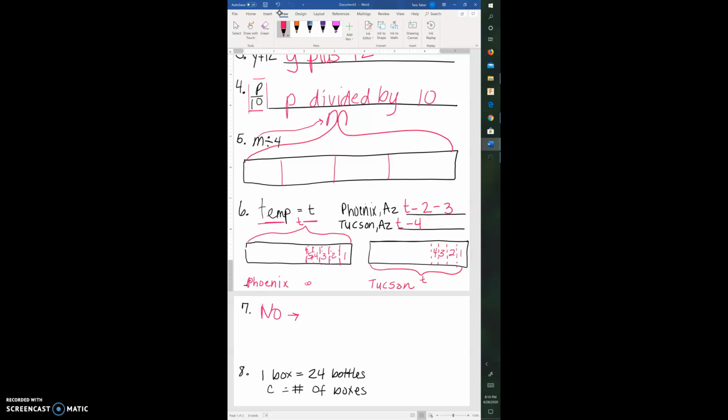So it looks like Phoenix is colder by 1 degree, because it's 5 and that's only 4.